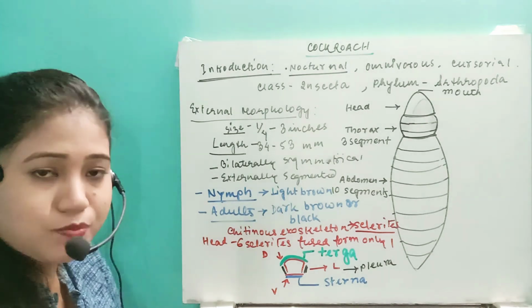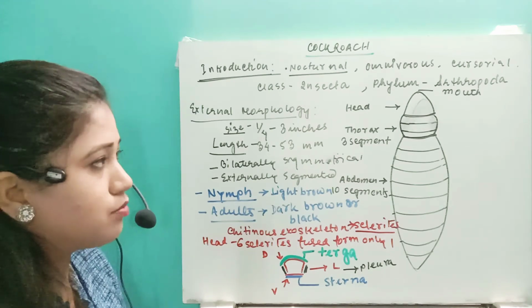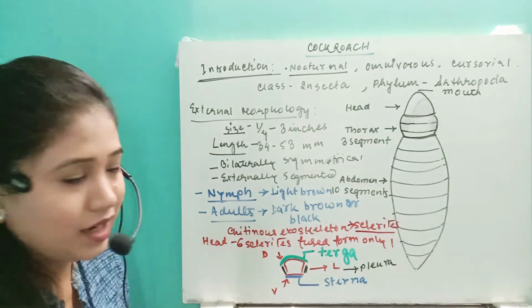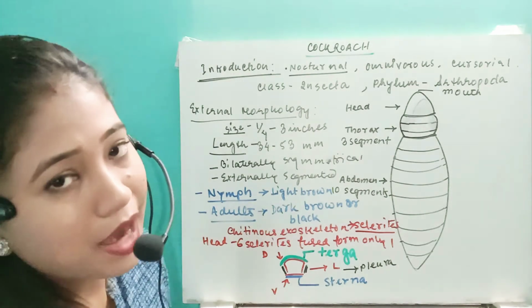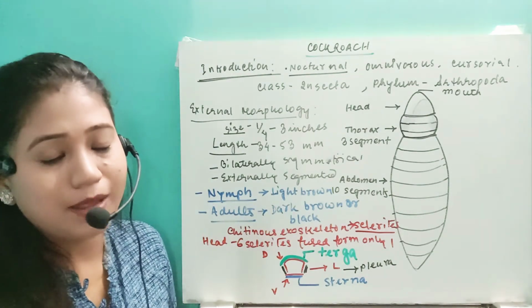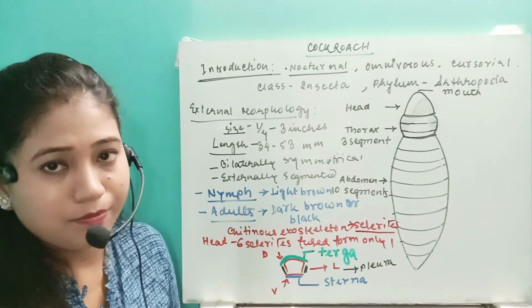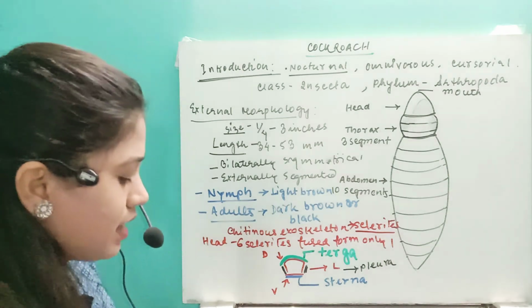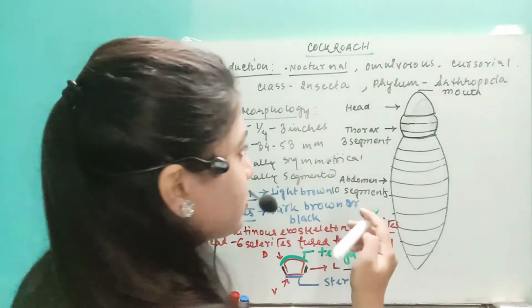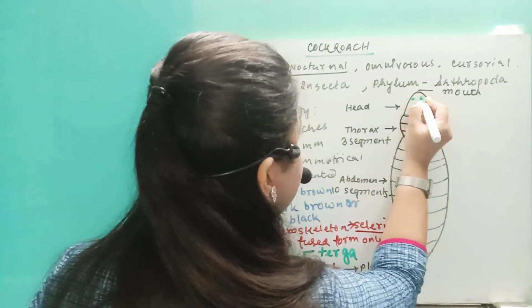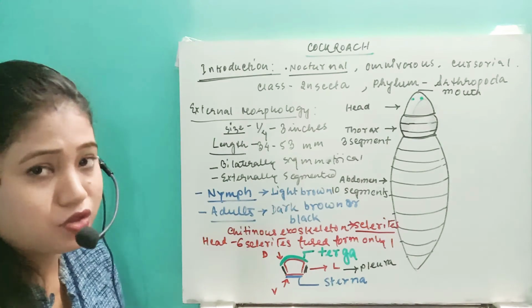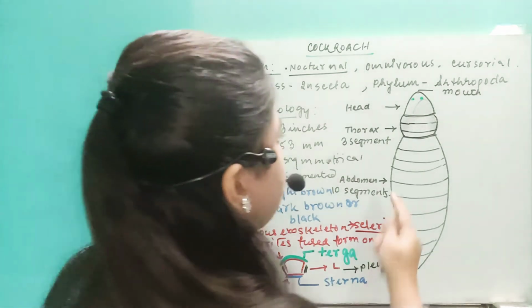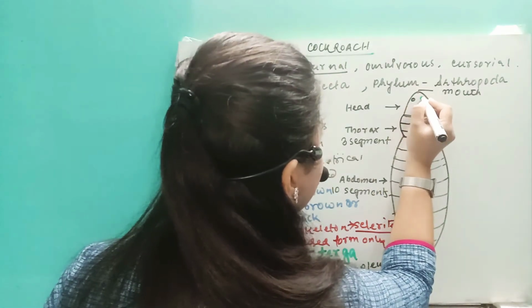Okay, those parts we will see in the NCERT book also, each and every part is given. So the mouth part bears a pair of maxilla, a pair of mandible, and one labium and one labrum. Now the next part, just after that, in this region they have the antennal socket. Okay, so what is present in this antennal socket?